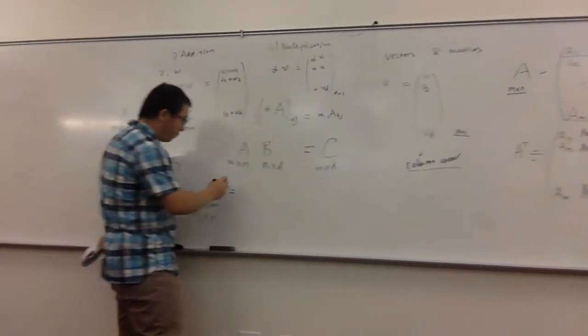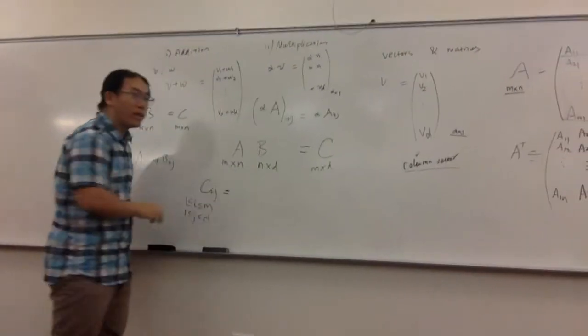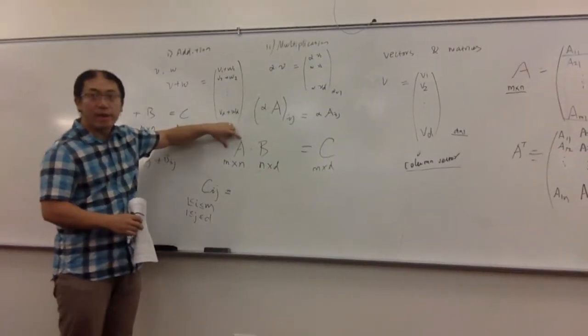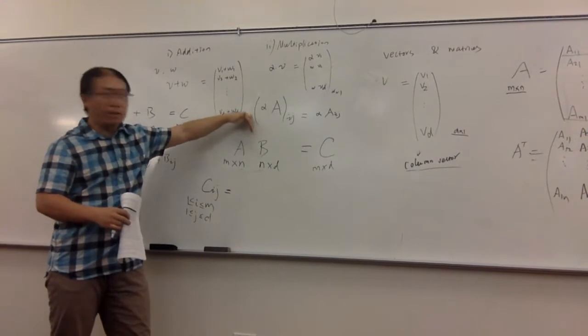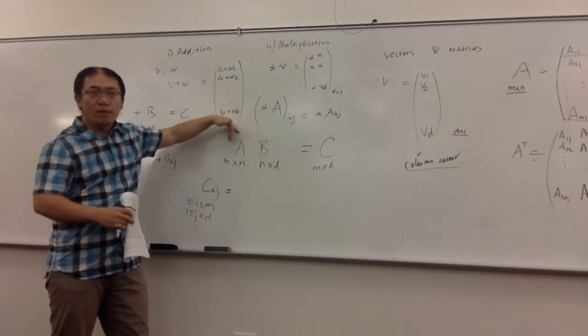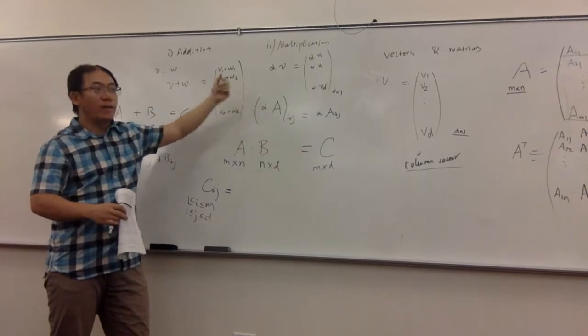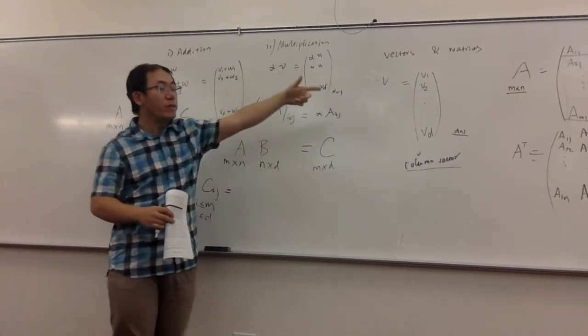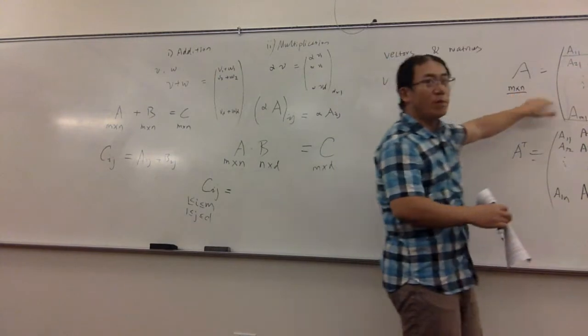So actually, to compute Cij, we'll need to look at the ith row in A and the jth column in B. Let us first write down a formula, and then look at it in terms of the range of elements.